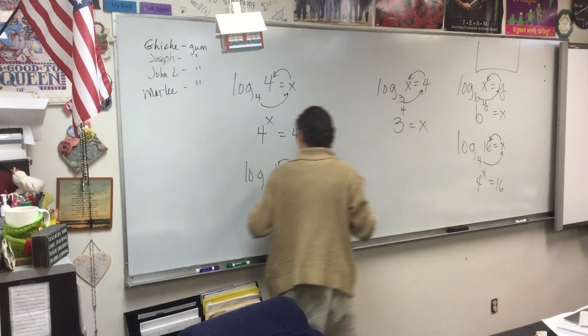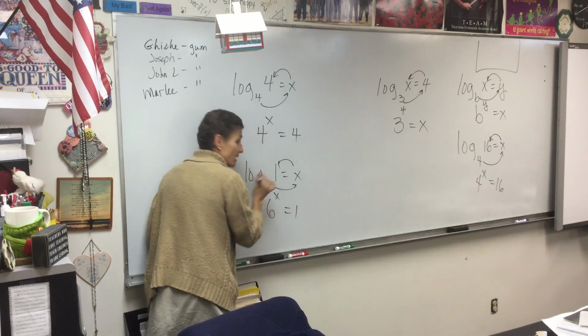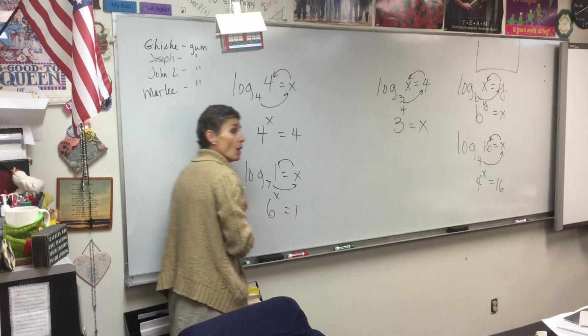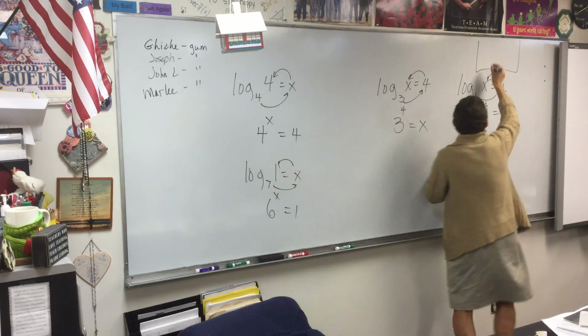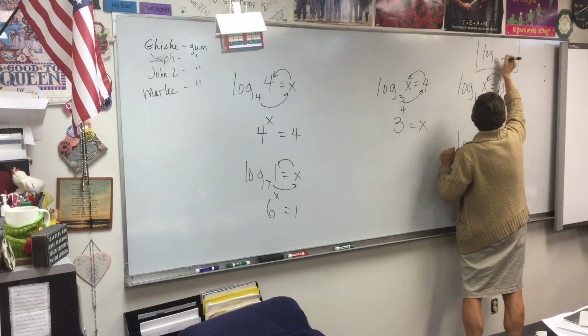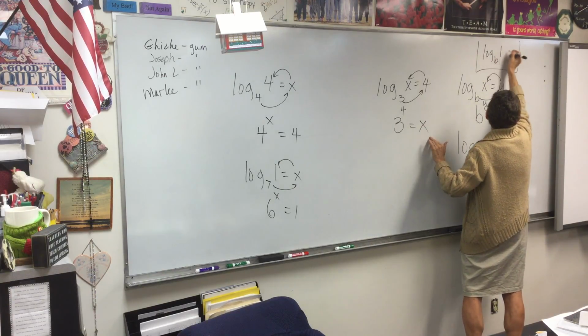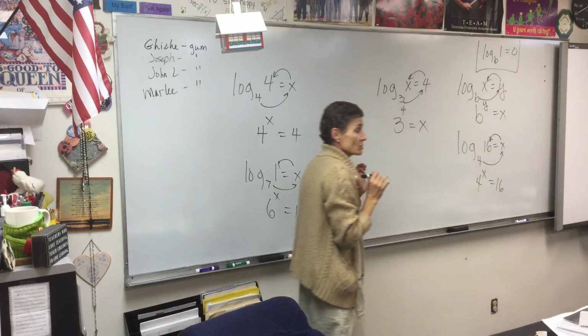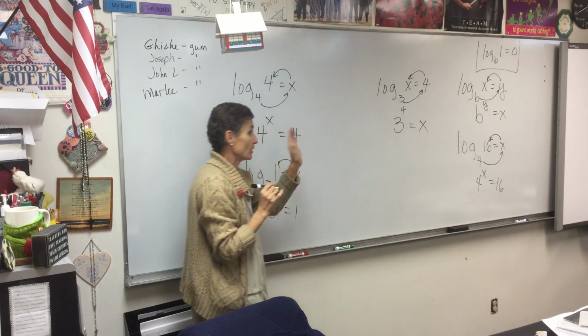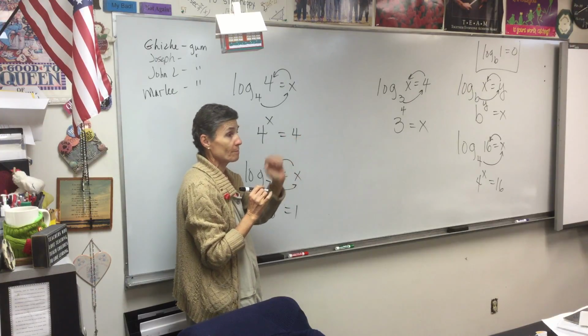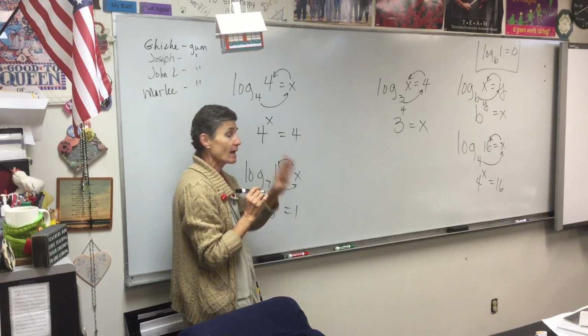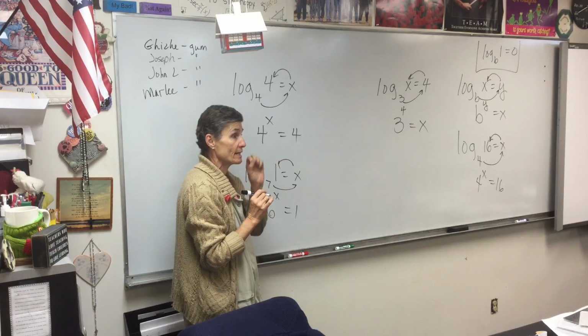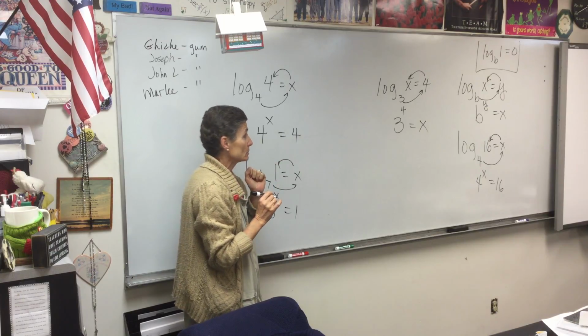Does it matter if this had been a 7 instead of a 6? No. So in general, the log base b of 1 is always going to be 0. So the log base 7 of 1, the log base 12 of 1, the log base e of 1. Anytime you take the log of 1, you're going to get 0.